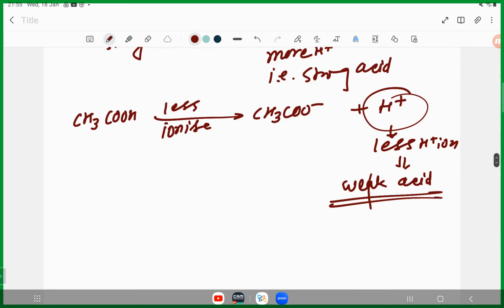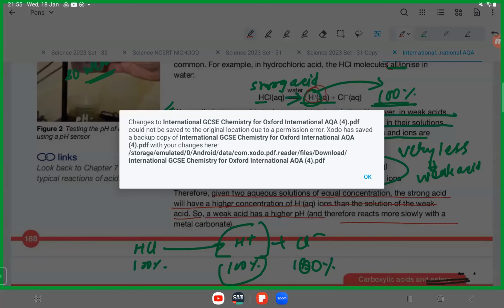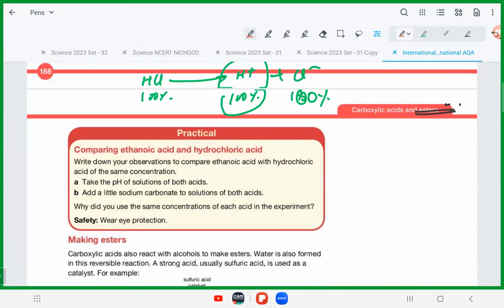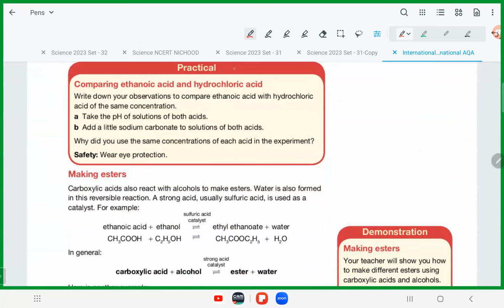Again going back to your book. So now up to here. See the practical; read out, please. Comparing ethanoic acid and hydrochloric acid. Write down your observations to compare ethanoic acid with hydrochloric acid of the same concentration.